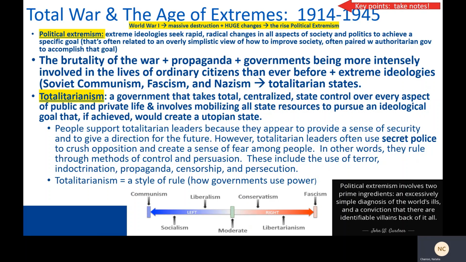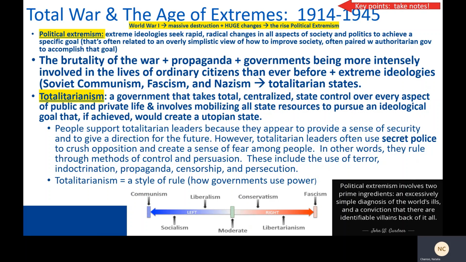Totalitarianism is another one of those terrifying concepts that needs to never come back again, and knowing what it is and how it works is a key piece of that puzzle. Totalitarianism describes a government that takes total, full, centralized state control over every aspect of public and private life, and involves mobilizing all state resources to pursue an ideological goal that, if achieved, they believe would create a utopian or perfect state.